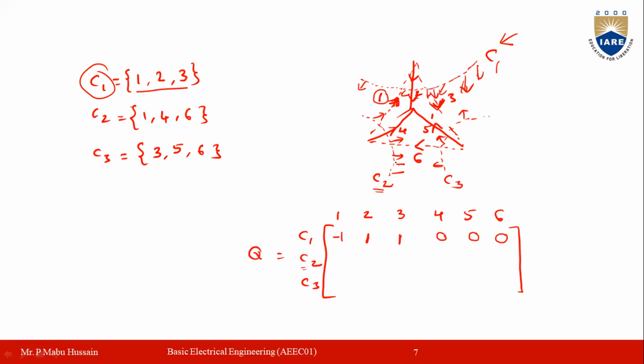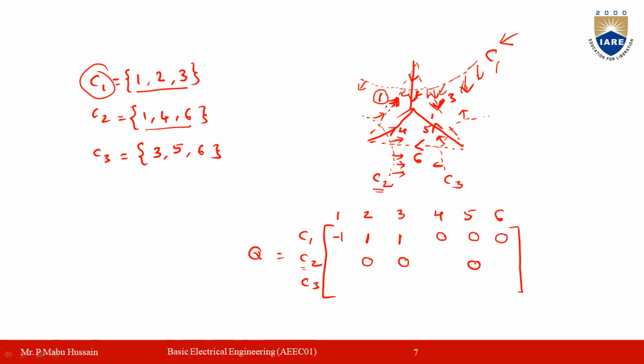Next you go with the second cut set. The second cut set direction is in this direction, represented by the arrows. This cut set C2 consists of branches 1, 4, 6 only. Branches 2, 3 and 5 are not in the cut set C2, so those are represented with zeros.